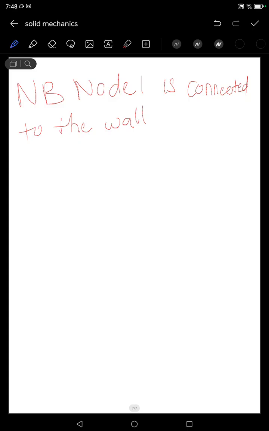So our u1 is gonna be 0, because node 1 is connected to the wall, which is not going to move at all. Therefore u1 is equal to 0.